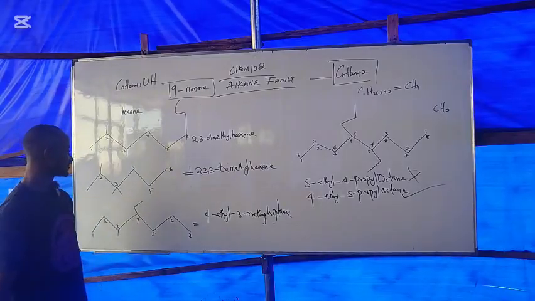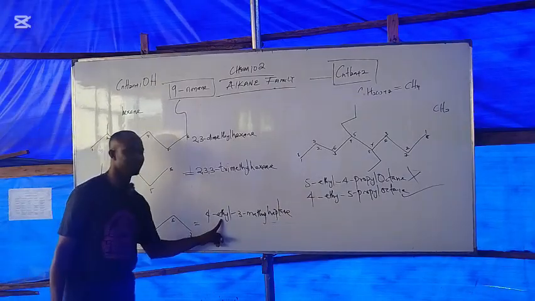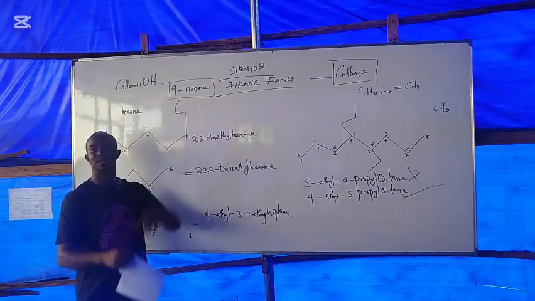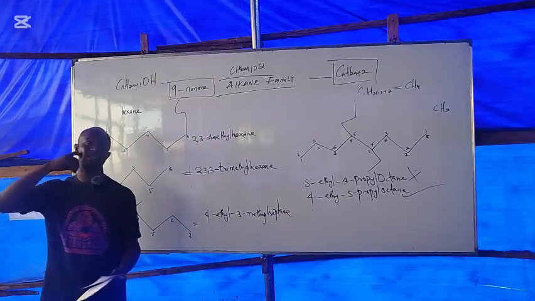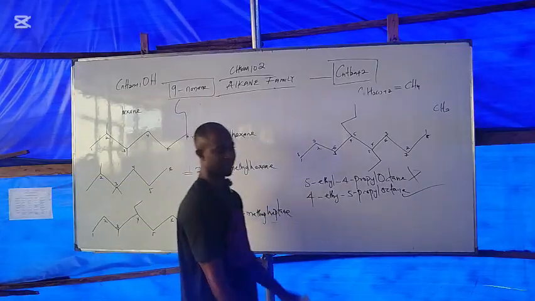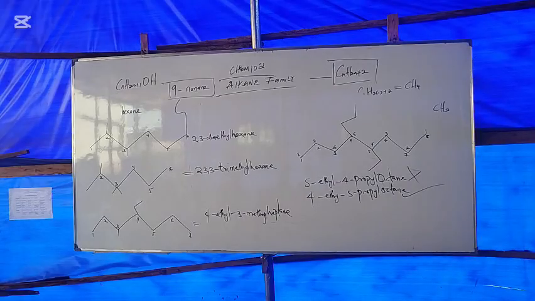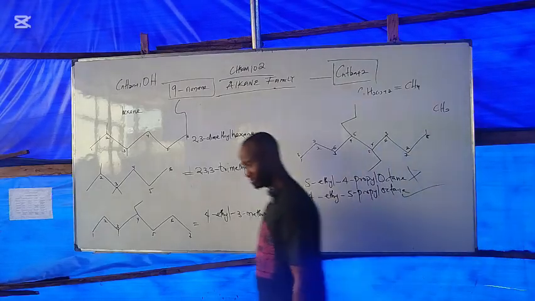Because ethyl must come first. Alphabet takes superiority over numbering. Do you get what I'm saying now? Alphabet takes superiority over numbering.